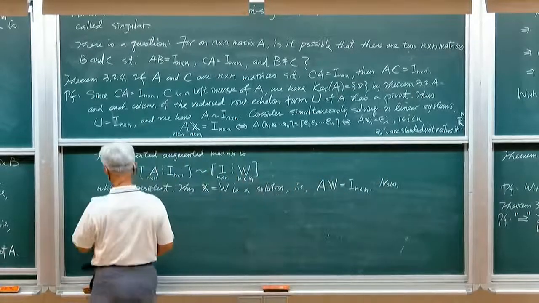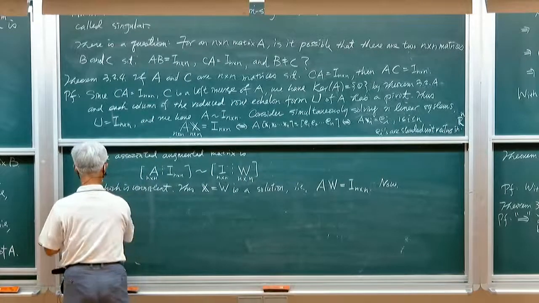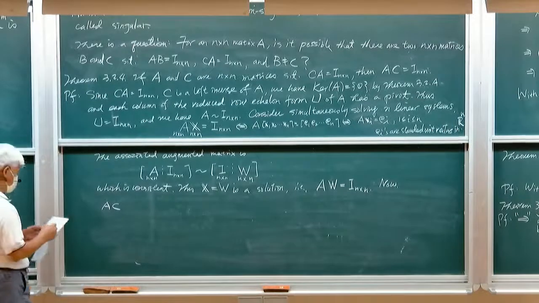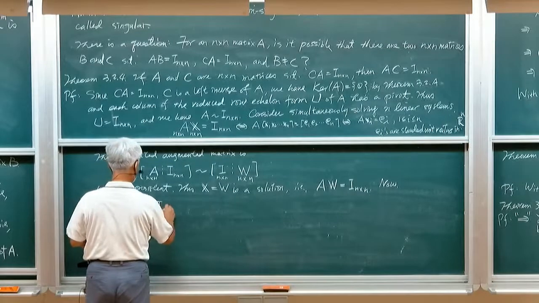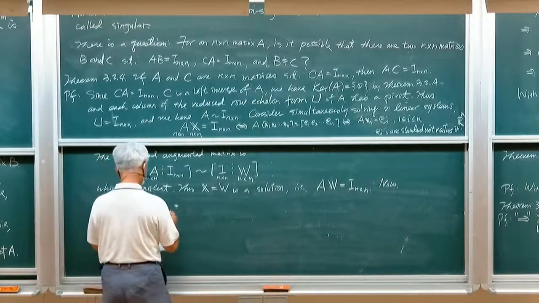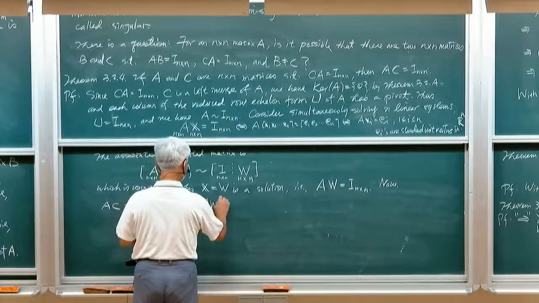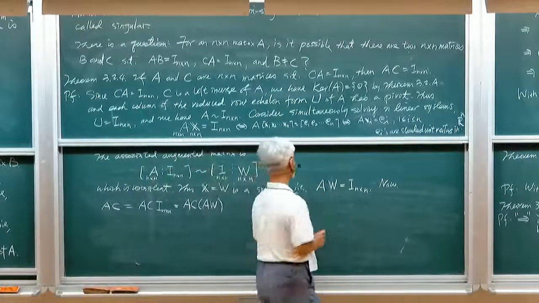Now we want to find, so AC is ACI, it's AC and the AW, because AW is identity.